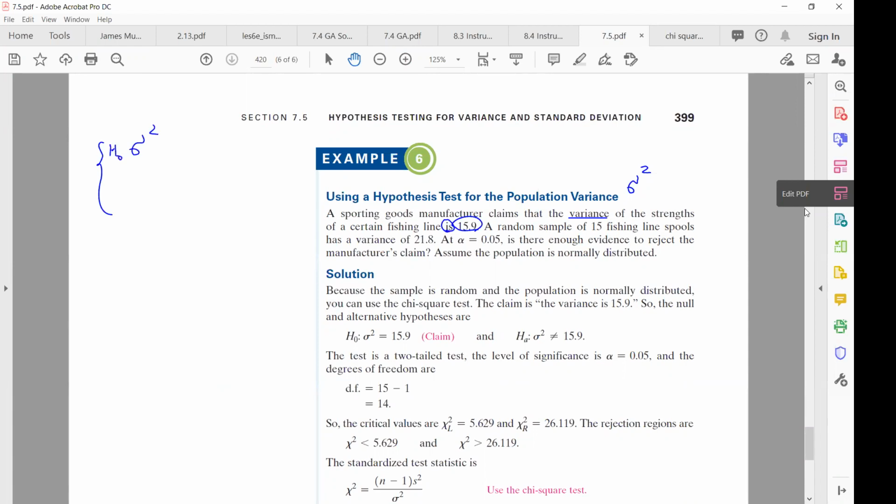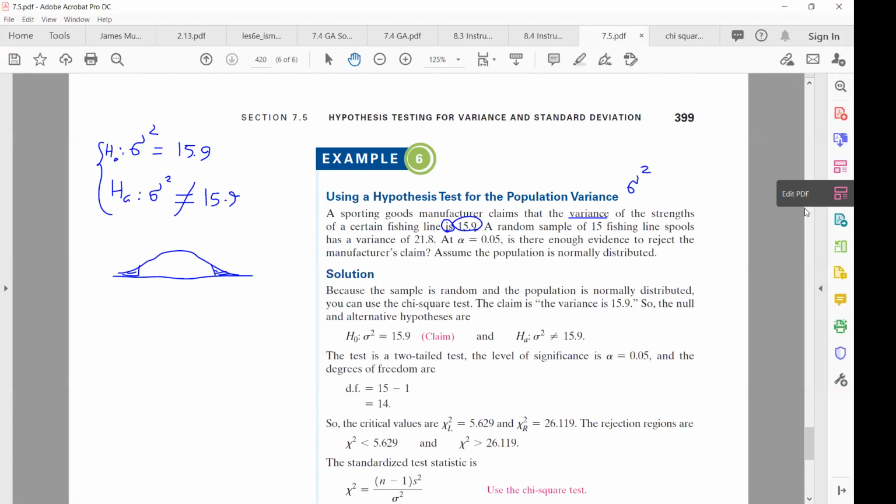Your null hypothesis is given. In this question, you have your null hypothesis. Its opposite, the alternative hypothesis, says sigma squared, or variance of the population, is not 15.9. So you get a two-tailed graph.